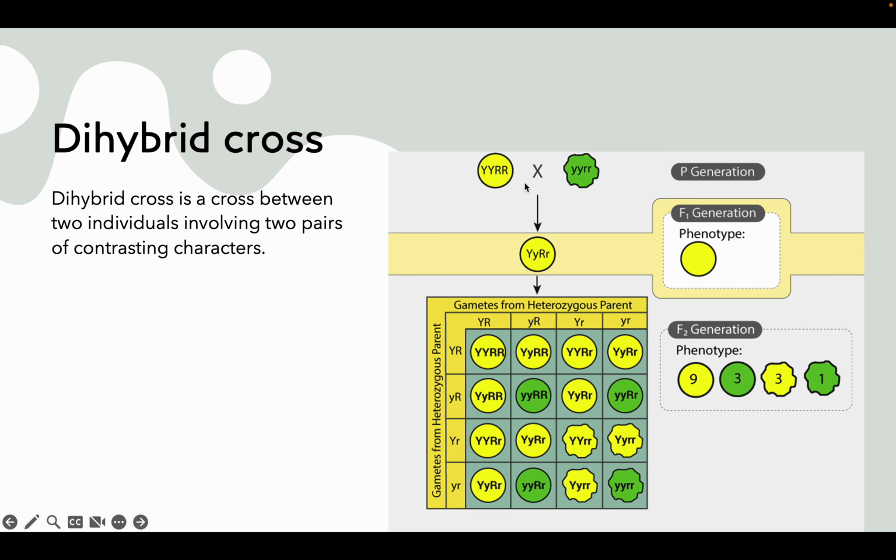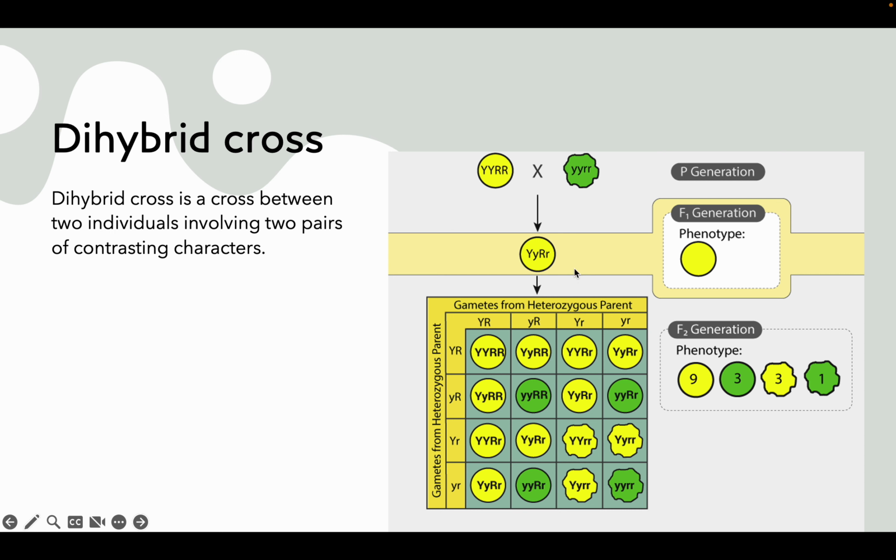When we do the cross, the F1 generation we get, from one parent capital Y, capital R, and from the other small y, small r. So what you get is heterozygous but dominant, right? So the phenotype that we get is yellow color.